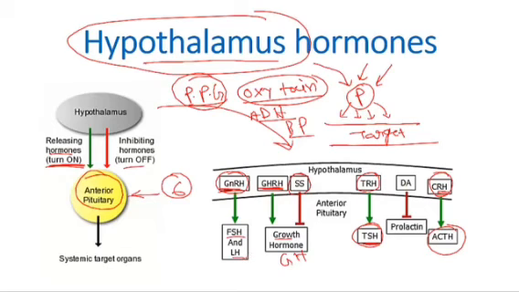DA is dopamine, which acts as a prolactin inhibiting factor. Prolactin synthesis is controlled by many different hormones, but here dopamine prevents the production or secretion of prolactin. And corticotropin releasing hormone, CRH, influences the release of ACTH from the pituitary gland.